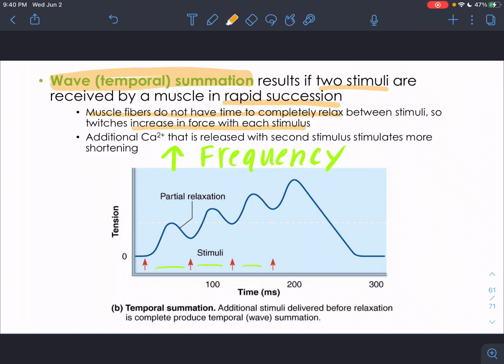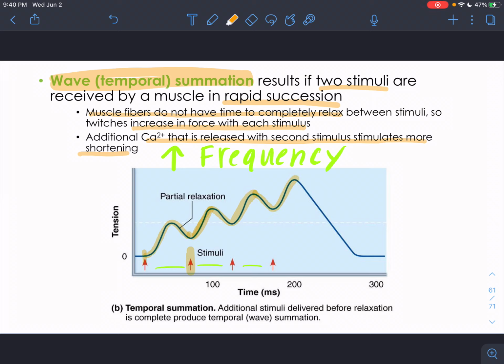Okay, so what you have the first stimuli, contraction happening, it's starting to relax, but before it goes back to baseline, we have a second stimuli. Okay, so then you contract again, and the calcium released for the second stimulus stimulates more shortening. So you can have additional contraction, a little bit of relaxation, contraction again, a little bit of relaxation, contraction again.